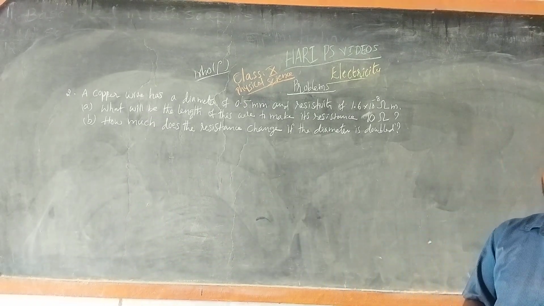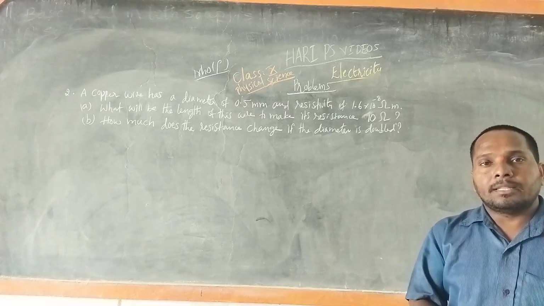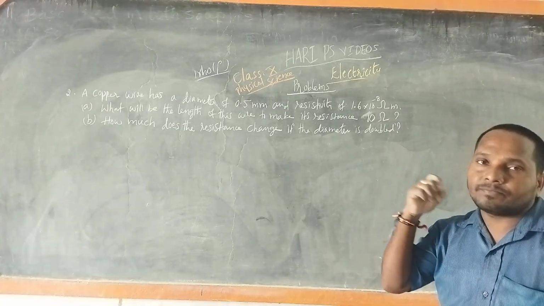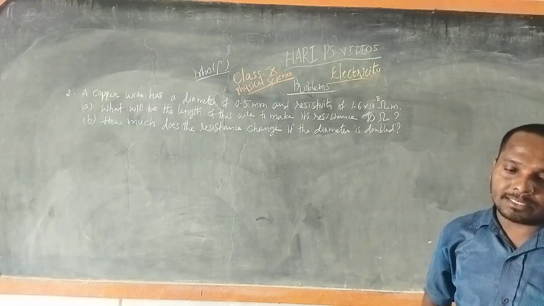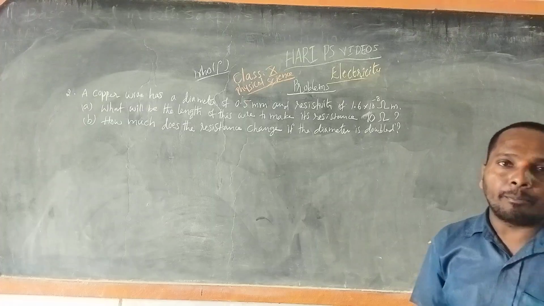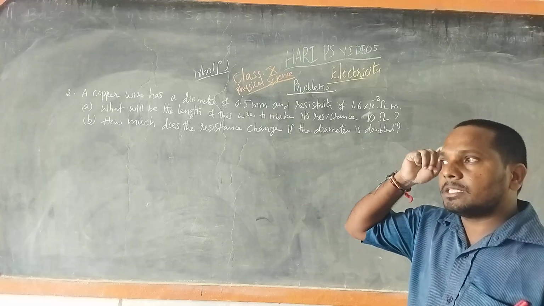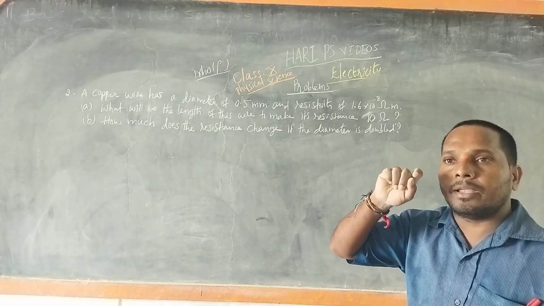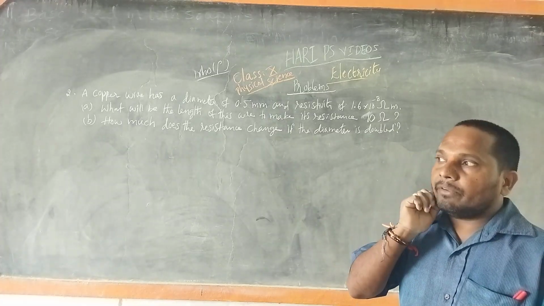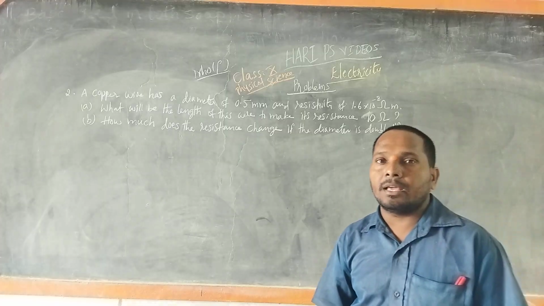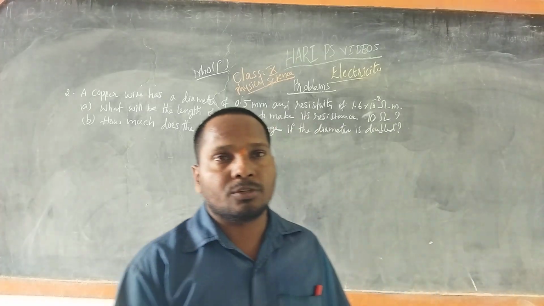First of all, we need to calculate the area of cross section of the copper wire, because in this problem no cross section area is given. If the cross section area A is given, then it is very easy to solve.